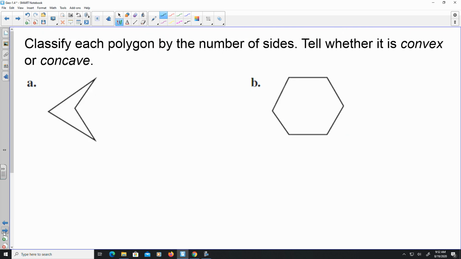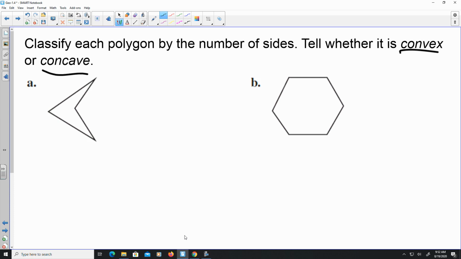There are two different kinds of polygons. You could have what is called a convex polygon, or you can have a concave polygon. So how I illustrate it is you can use a straight edge, like your textbook or your pencil.